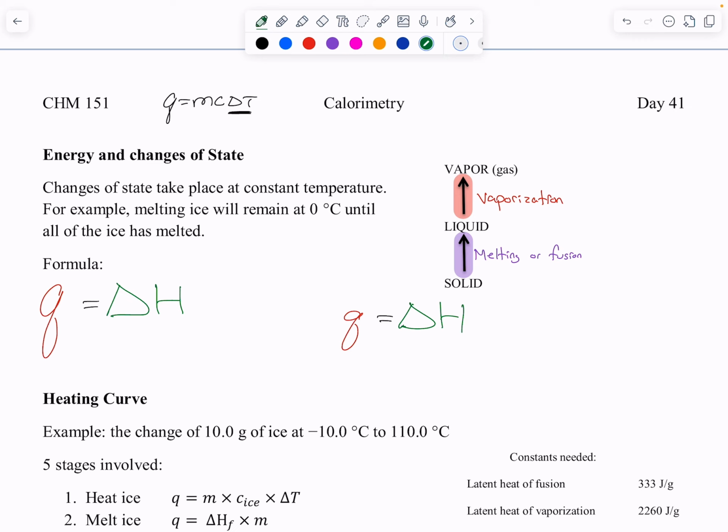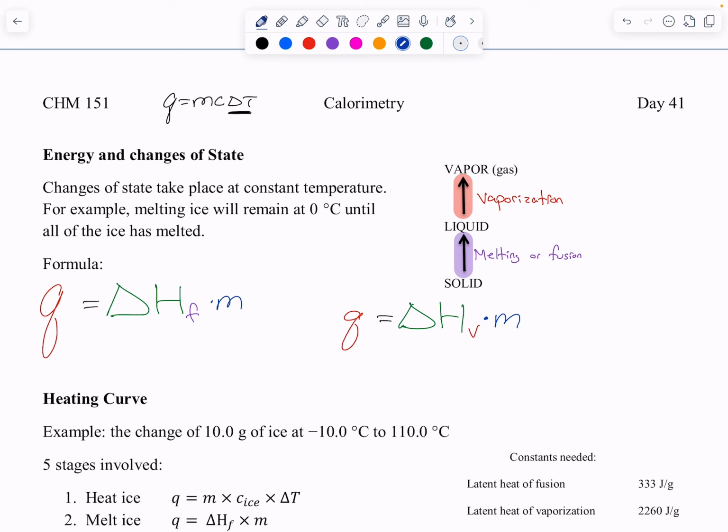Delta H is heat transfer at constant pressure, enthalpy. And so we have the enthalpy of fusion and the enthalpy of vaporization times the mass.